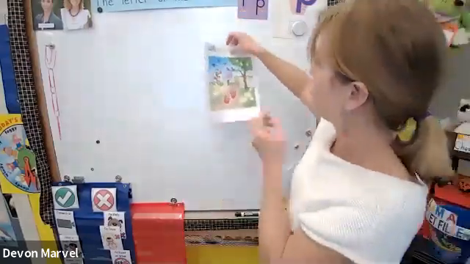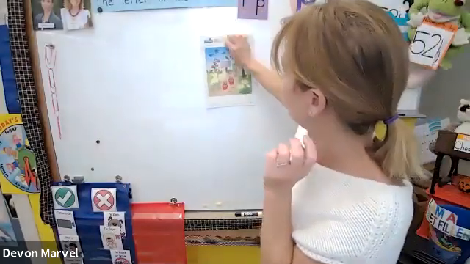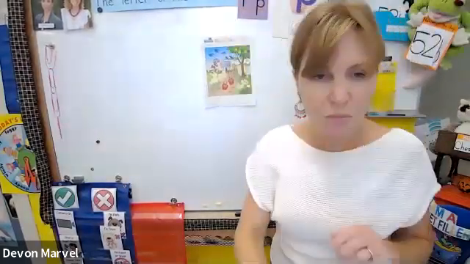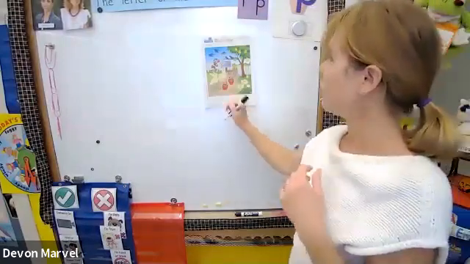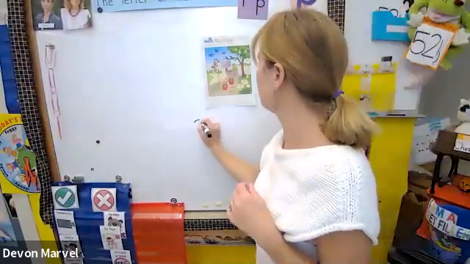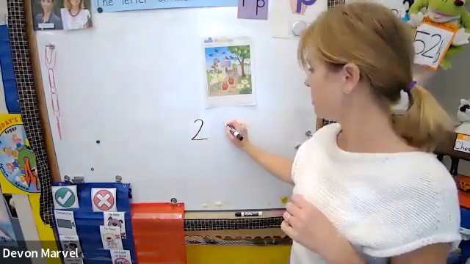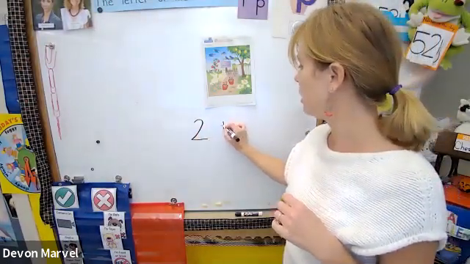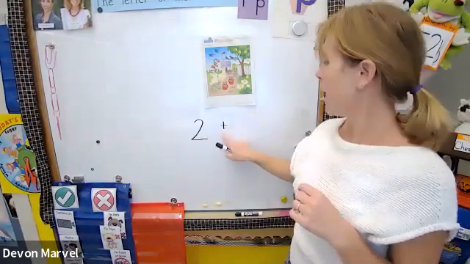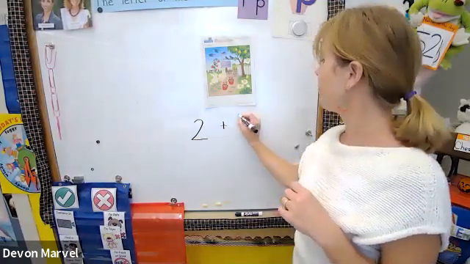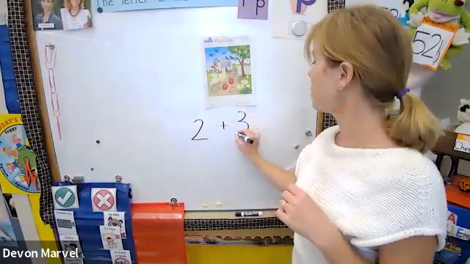Now, if I wanted to make a number sentence to go with that, it would look like this. There were 2 big tomatoes. And remember that sign? That's the plus sign. And 3 small tomatoes.